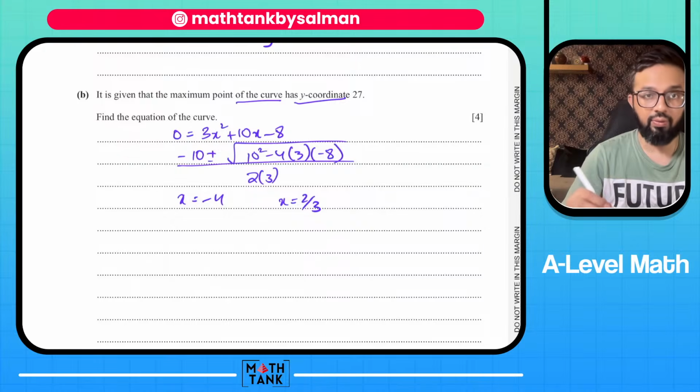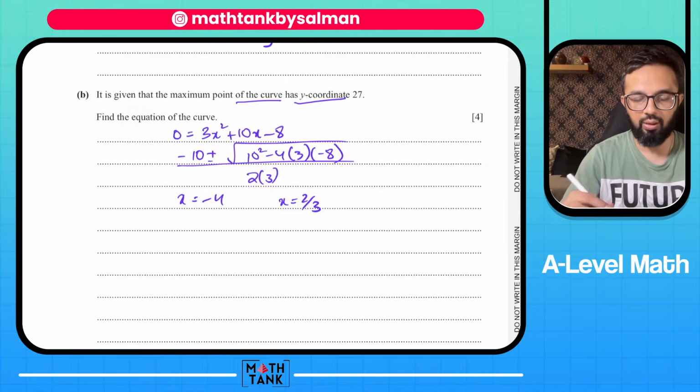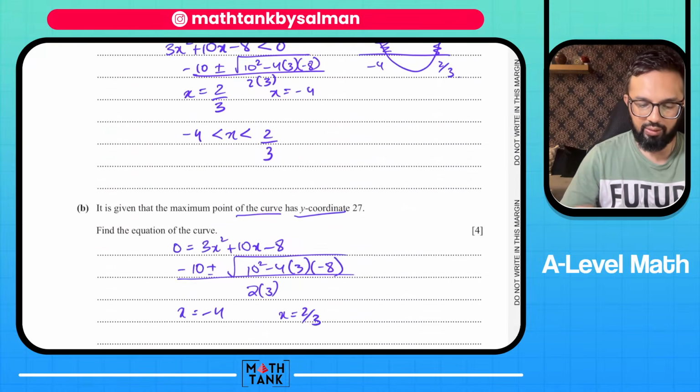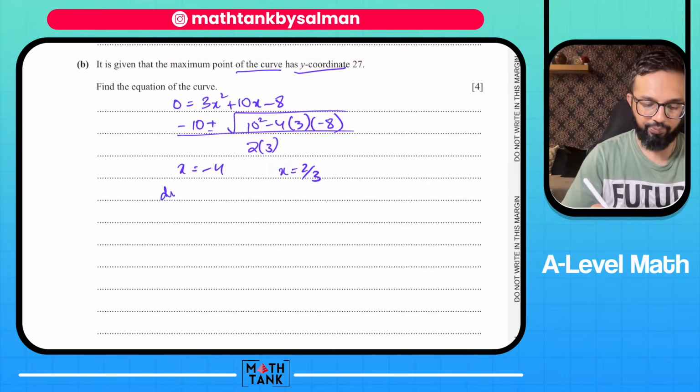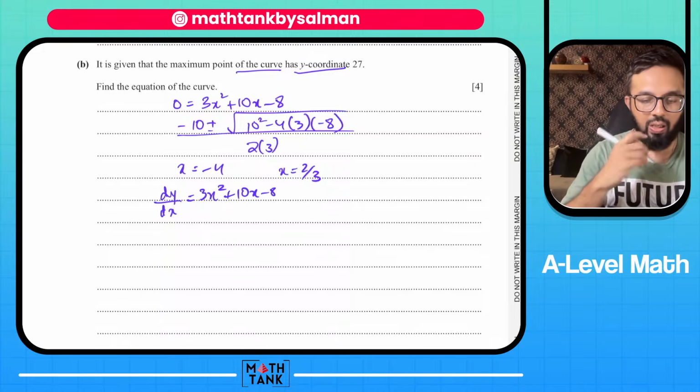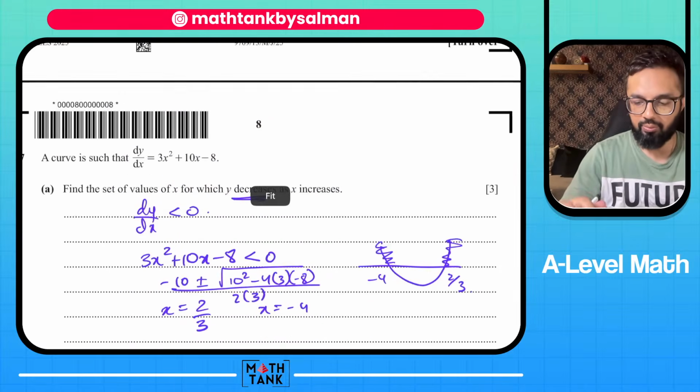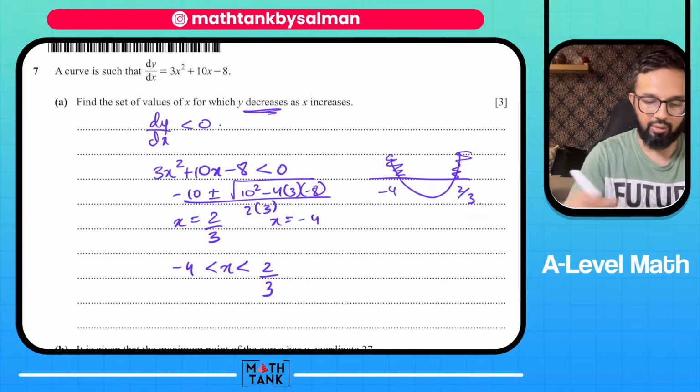I don't know which one of these is the maximum, so I will have to figure that out too. Dy by dx is 3x squared plus 10x minus 8. Oh, my bad. I should have shaded the bottom part. I thought I'd cancel that.